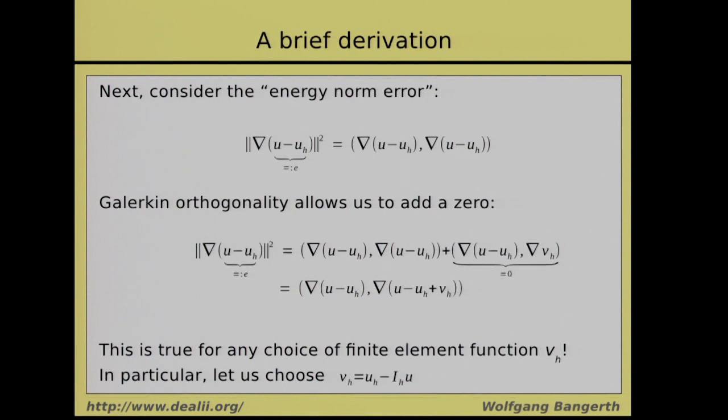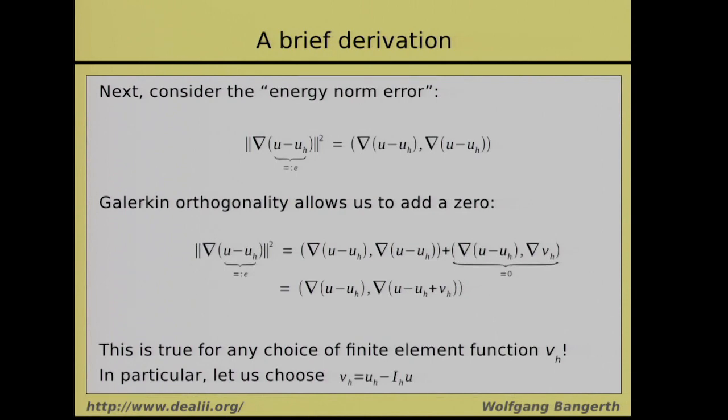Okay, and so if I add this first term and my 0, I'm going to get the gradient of E times the gradient of U minus UH plus VH. That is exactly the square of the energy norm error for every VH that I might choose. And if this is true for any VH that I might choose, I have the option to choose a particularly convenient one.